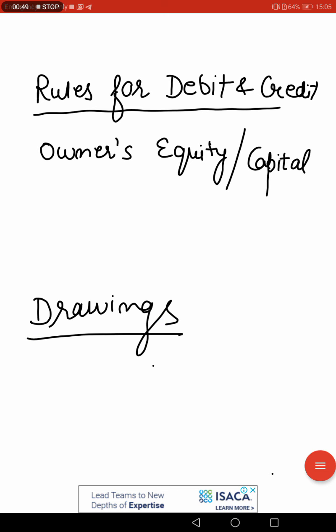So what is the debit credit rule for the owner's equity and the drawing? First we will consider the owner's equity, then we will discuss the drawing.